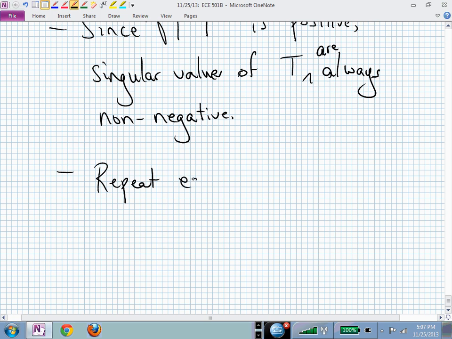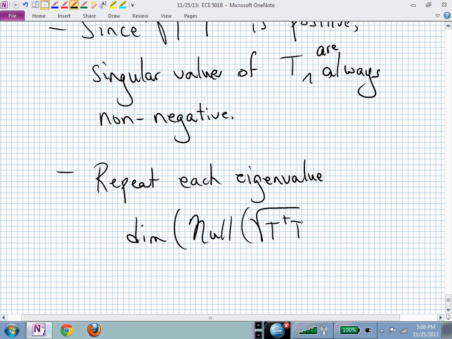So we repeat each eigenvalue based on the dimension of the null space of the positive square root of t dagger t minus lambda I. If the null space has dimension 1, then we have just one eigenvalue for that particular value.